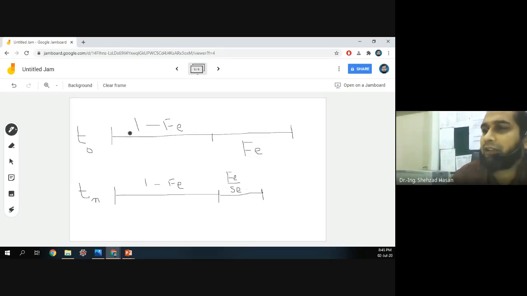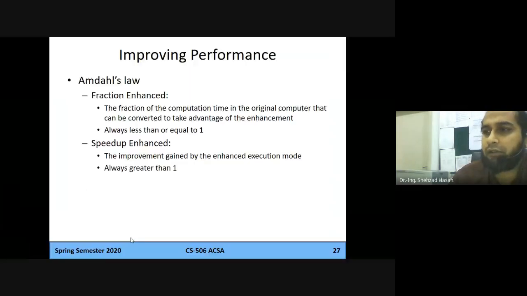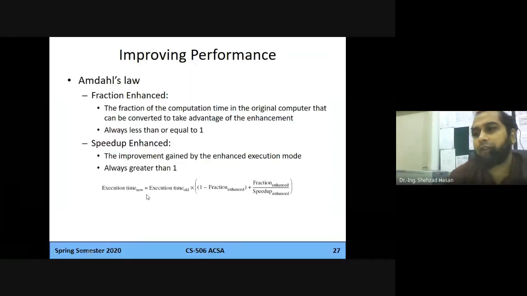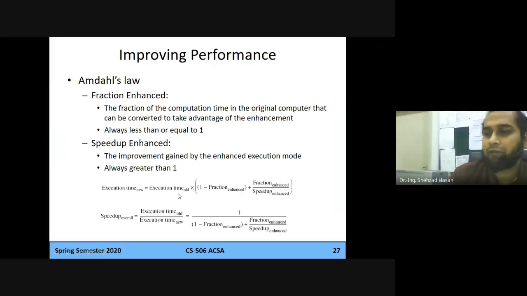What you get is 1 over 1 minus FE plus FE over SE, that's the time of the original over the time of the new one. So the speed up is 1 over (1 minus FE plus FE over SE).